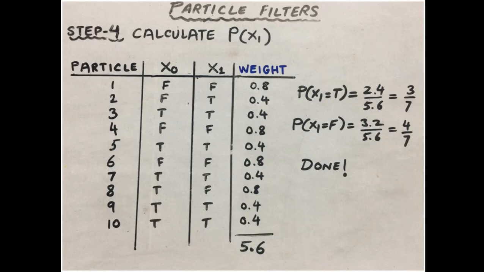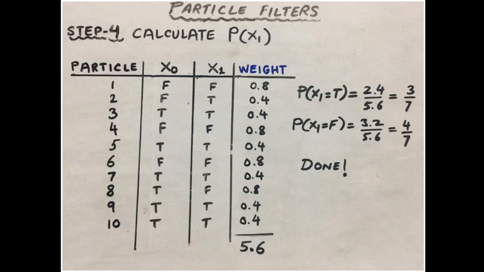At the last step, you are going to calculate the probability of x1, that is the estimate or the likely value of the state variable at time t1. And the way we are going to do it is that we're going to divide the total weight of the true particle by the total weight of all the particles.